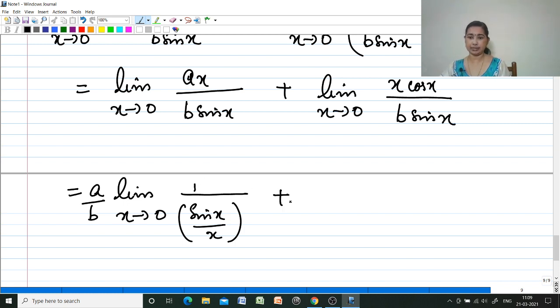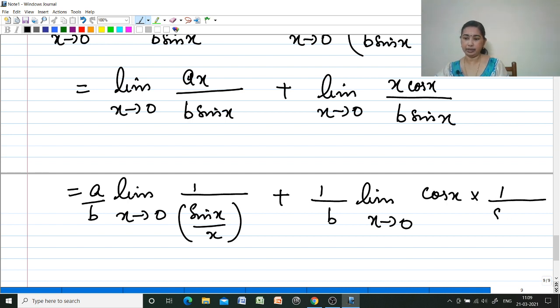Then plus, here 1 by b is a constant, that we can take out, 1 by b limit x tends to 0, cos x into 1 by sin x by x. That is, the x can be written in the denominator of sin x, because if you take the reciprocal, it comes in the numerator itself.